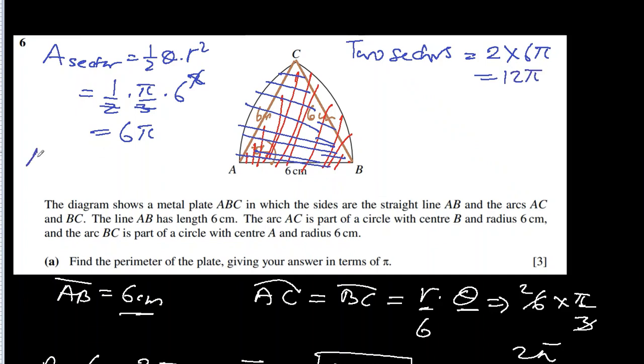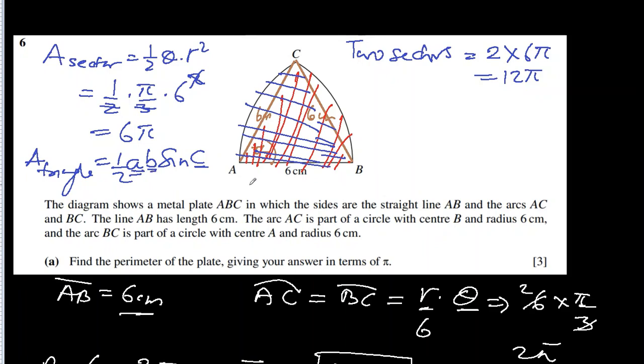Now we have to find the area of the triangle, which we have to subtract because this triangle has been counted twice. We can do it in many ways, but the one we can use in circular measure is half ab sine C, where C is the angle between a and b. Since it's an equilateral triangle, we can take any two sides.